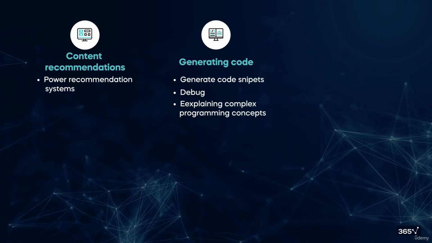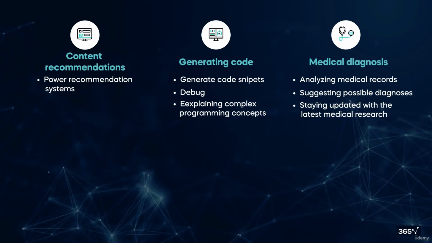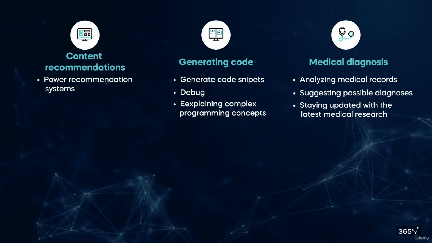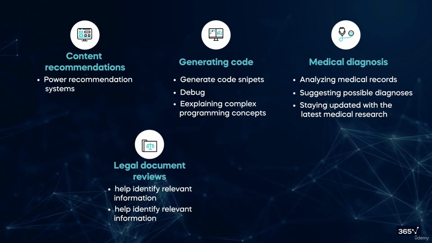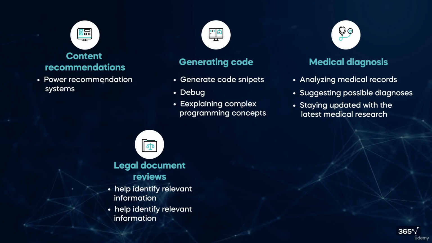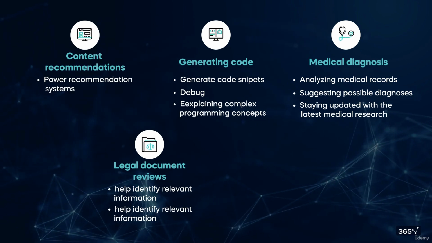In healthcare, these models can assist doctors by analyzing medical records, suggesting possible diagnosis, and even staying updated with the latest medical research. In the legal field, these models can review documents, contracts, and case histories to provide lawyers with quick insights and help identify relevant information.